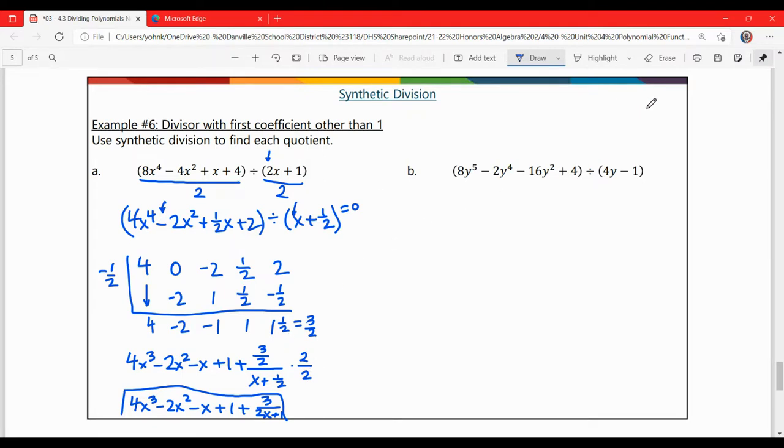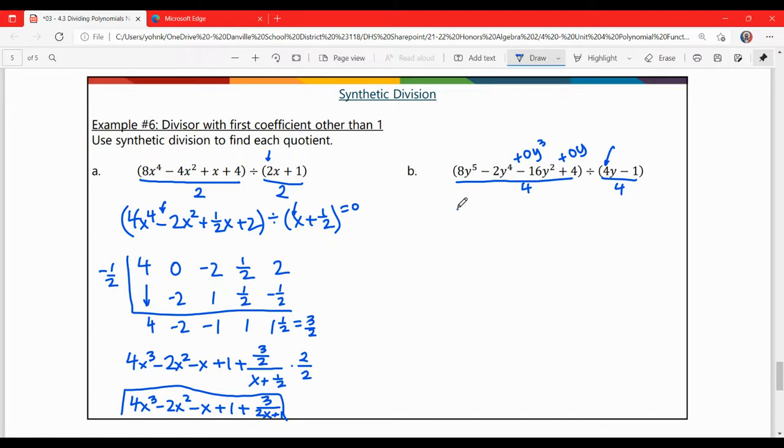All right, let's take a look at letter B. Letter B, I have a fifth, a fourth, no third, so plus 0y cubed. A squared, no linear 0y to the first. And we're dividing by 4y minus 1. Well, I need to get rid of that 4 in front, so I need to divide by 4, and therefore divide the other side by 4.